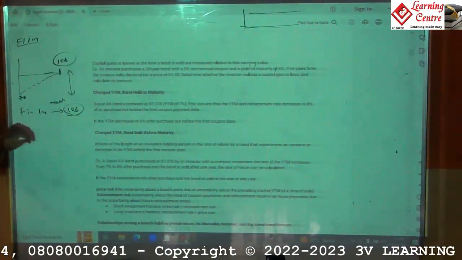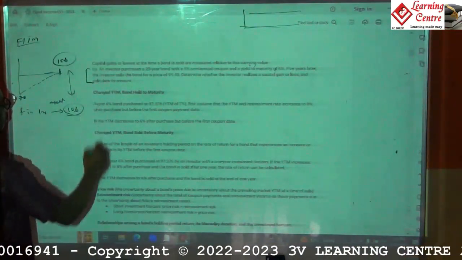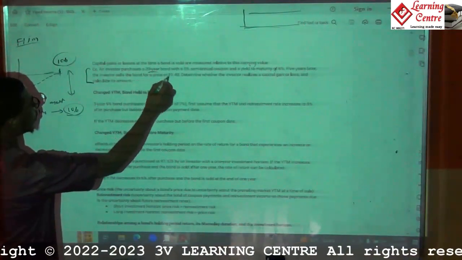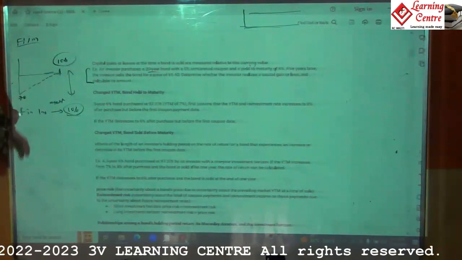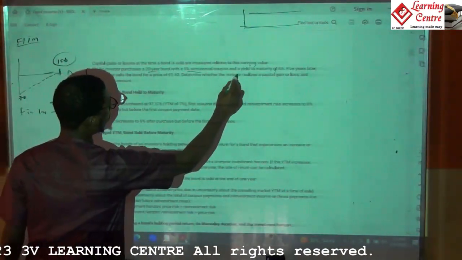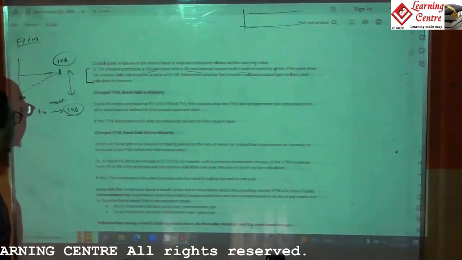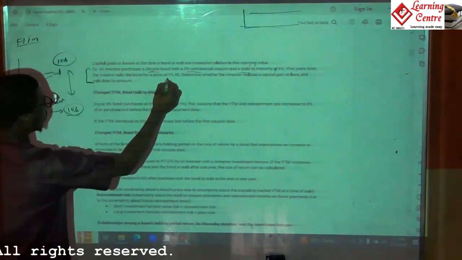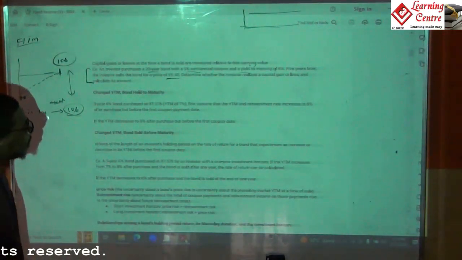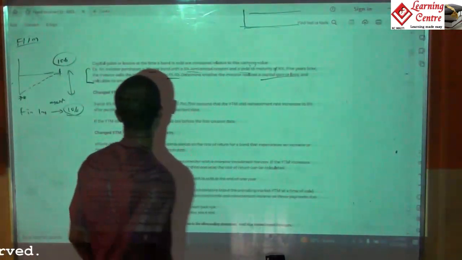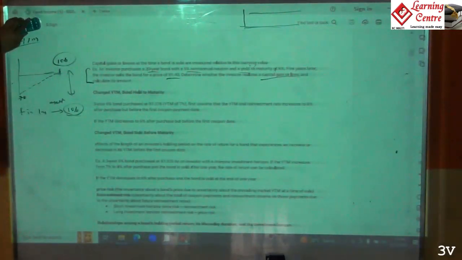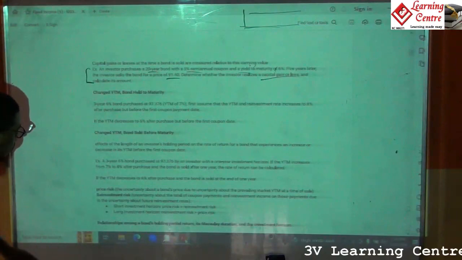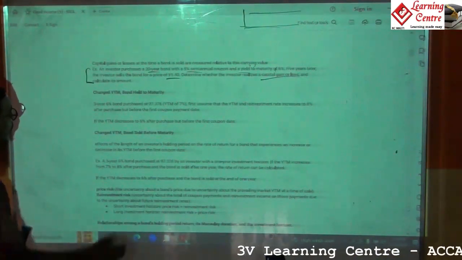So let's take an example. An investor purchases a 20-year bond with a 5% semi-annual coupon, with a yield to maturity of 6%. 5 years later, the investor sells the bond at the price of 914. Determine whether the investor realized a capital gain or loss on this amount. So how do we solve this kind of question?